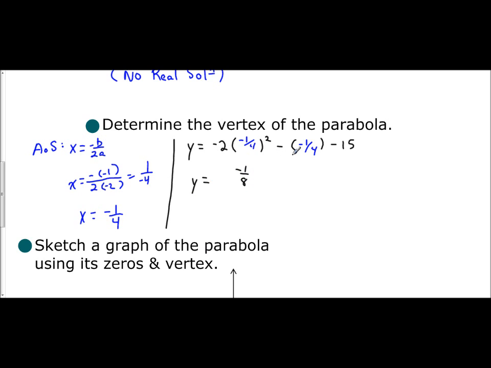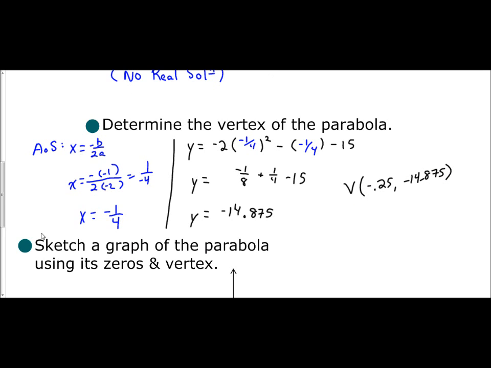Negative negative is a positive, so I get +1/4 minus 15. I could type that in, and I'm going to get y equals -14.875. And so my vertex for this is (-1/4, which is -0.25, -14.875).